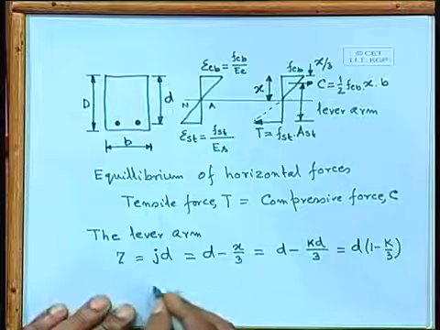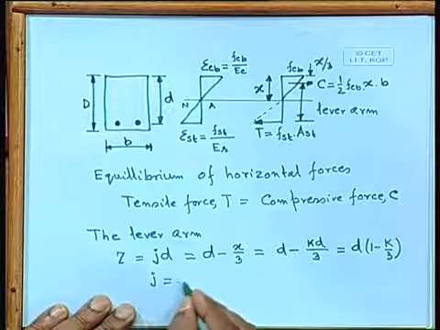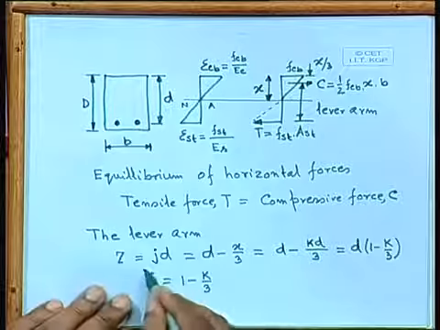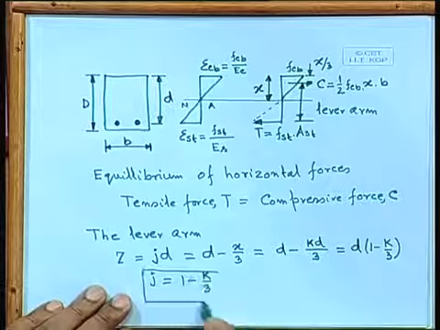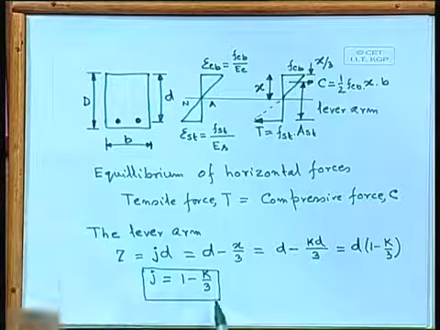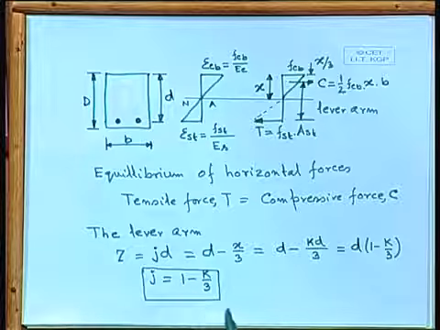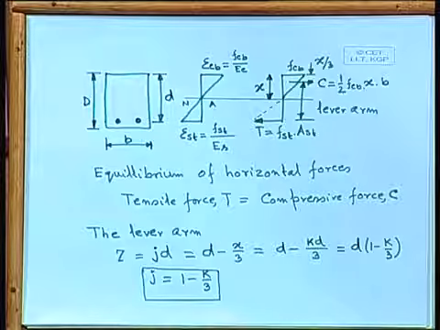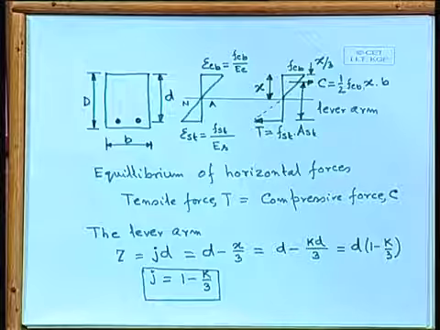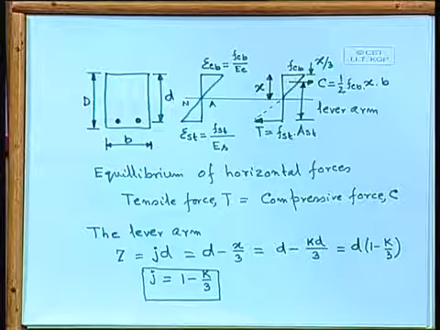So jd, that means j equal to 1 minus k by 3. So this is one important equation here: j equal to 1 minus k by 3. So we can calculate the effective depth and find the fraction. If we can find either k or j, then obviously we can find the other one also.